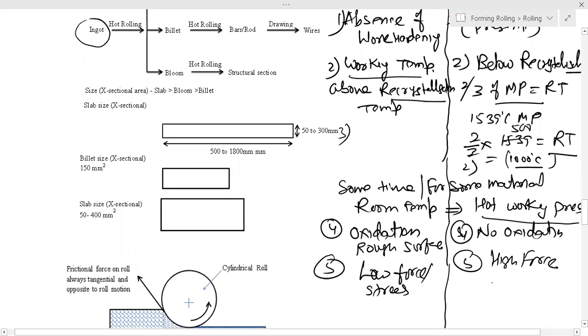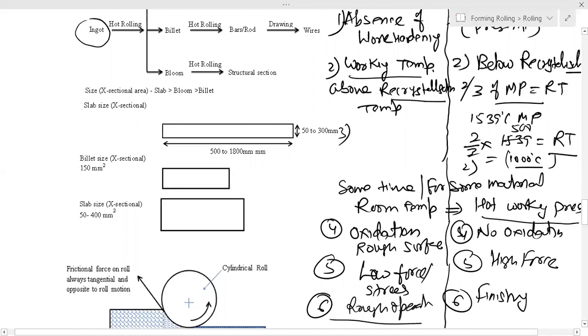Then in cold working the high force will be required. The sixth is that cold working is actually your finishing operation, and hot working is your rough operation. So these are six differences between hot working and cold working process.